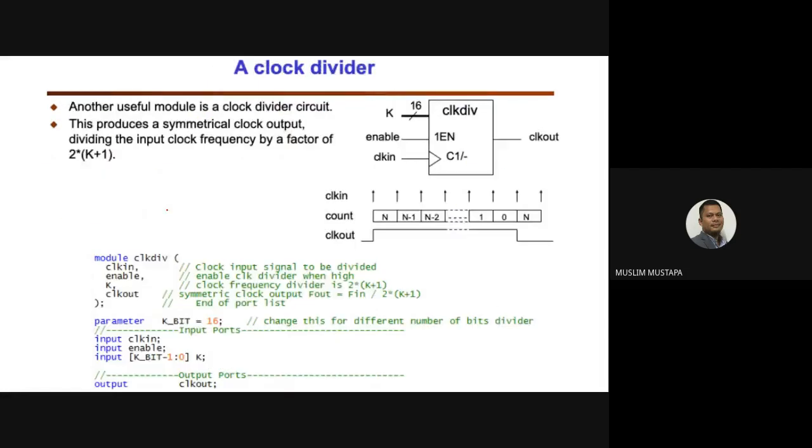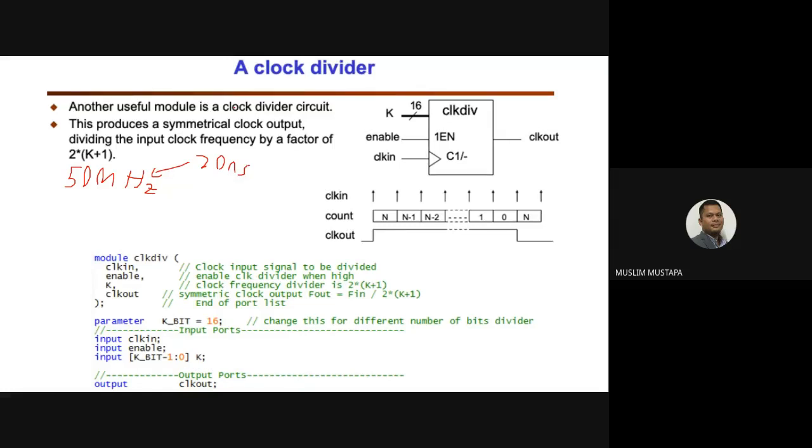What's the clock output that you can construct here? This is how you divide the clock. Clock divider means that you have a 50 megahertz input, but for a certain part of the circuit, you don't want it to change every 20 nanosecond. You want to make it a little bit slower.